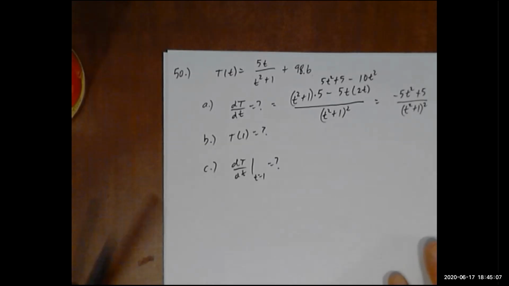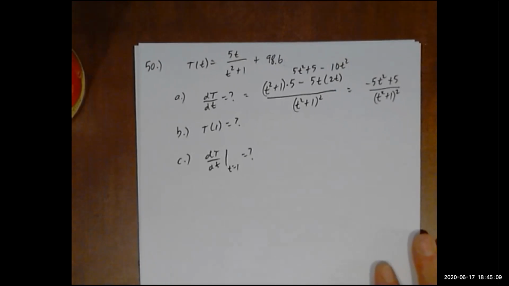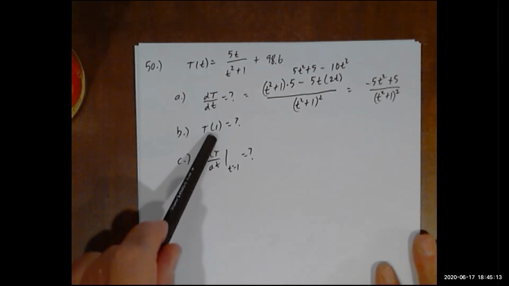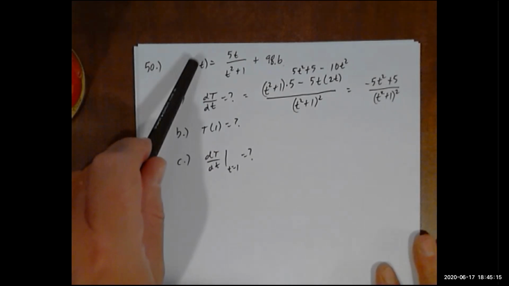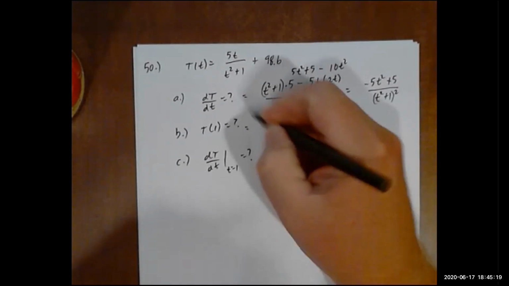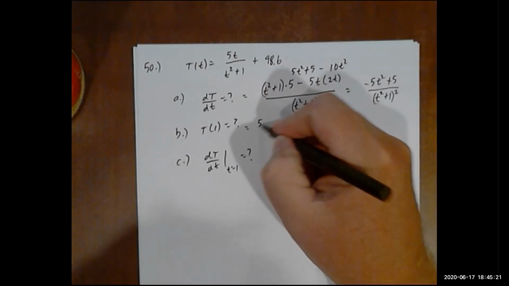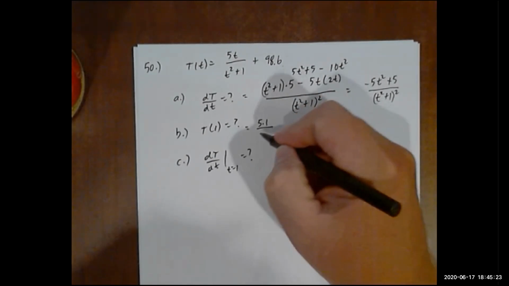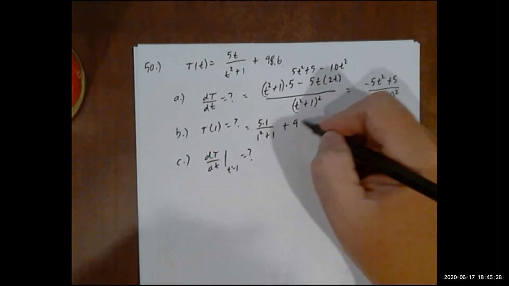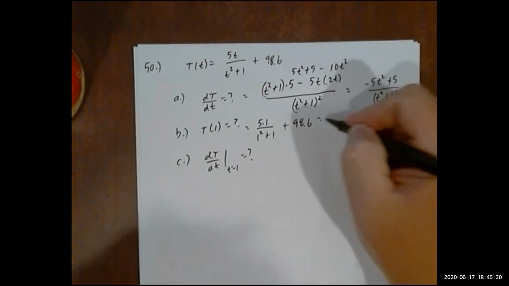Now the next thing they say is, what was the person's temperature after 1 hour? Now we're not doing anything with the derivative for the second part. We're going back to the equation that gives you the temperature of the person, and we're simply plugging in 1 for t. 5 times 1 over 1 squared plus 1, plus 98.6.